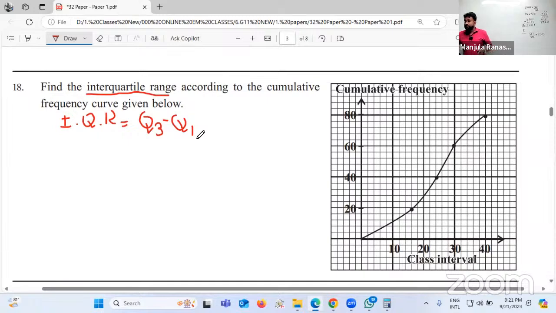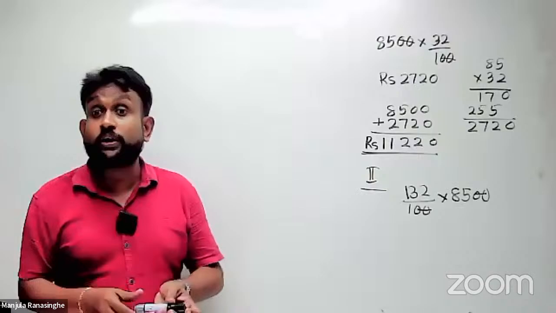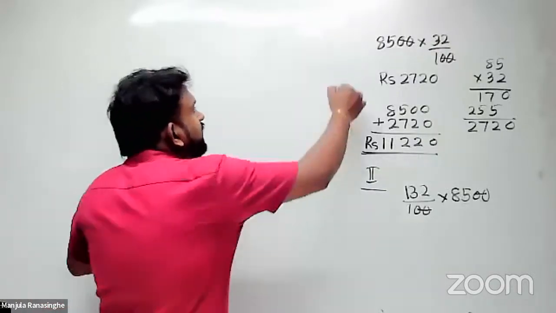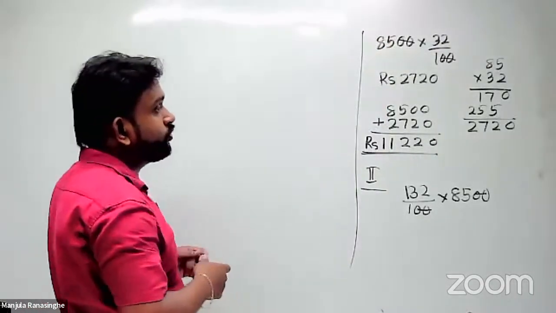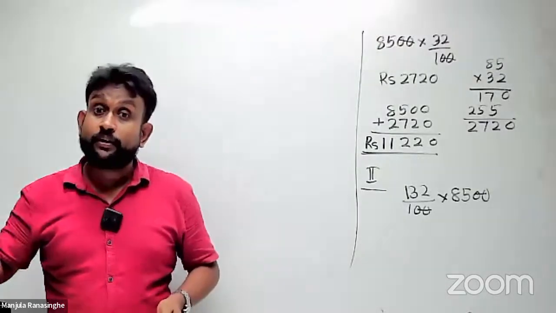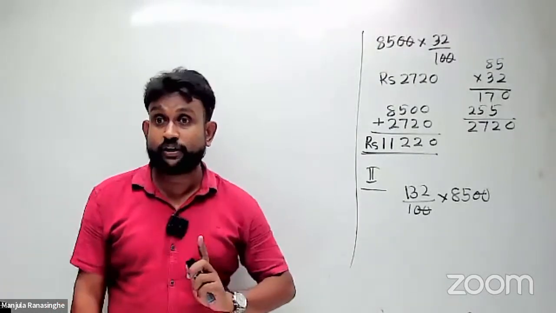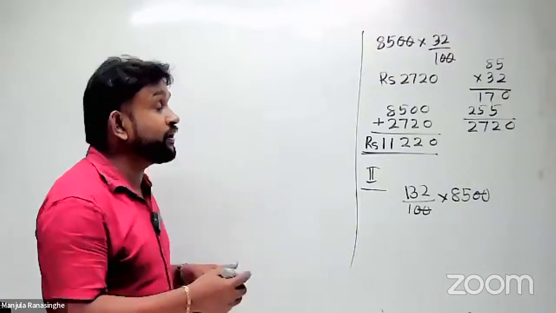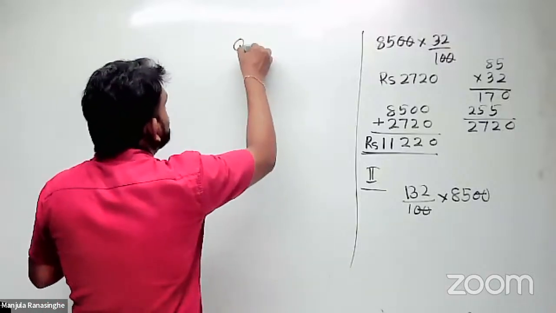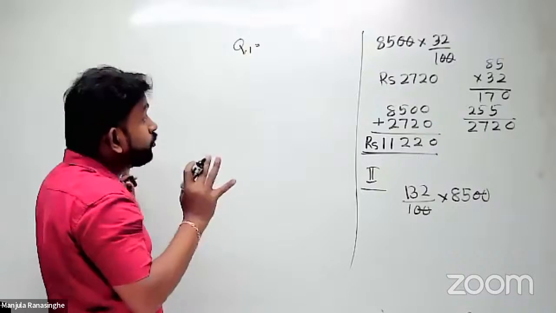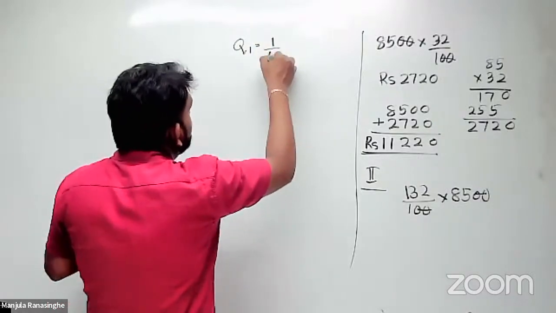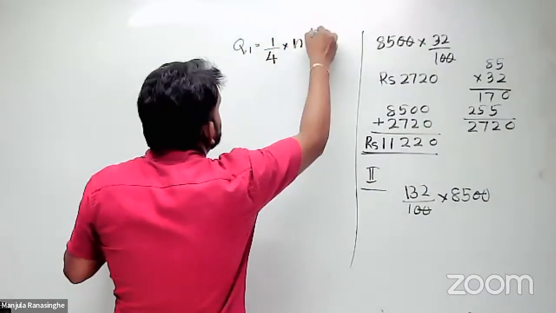So how to find Q3? I give you the position of Q3 found this way for a large distribution. We draw the cumulative frequency curve for a large distribution. The formulas are like this; note them down. Q1's position is 1/4 into nth data.